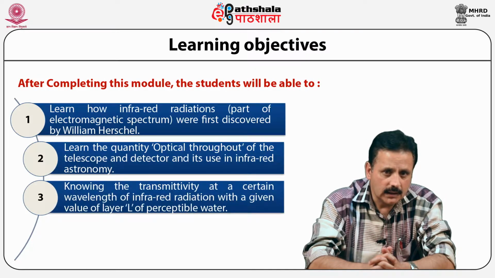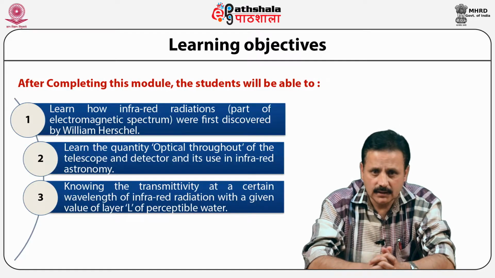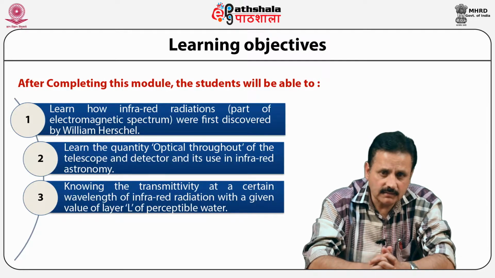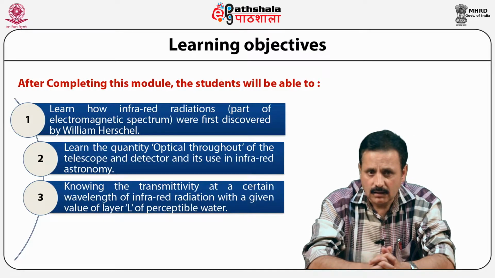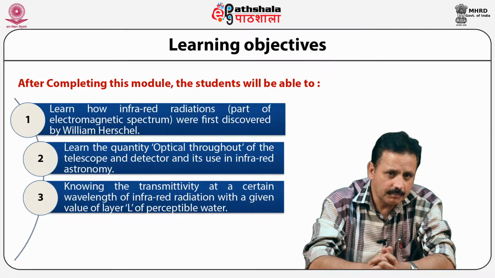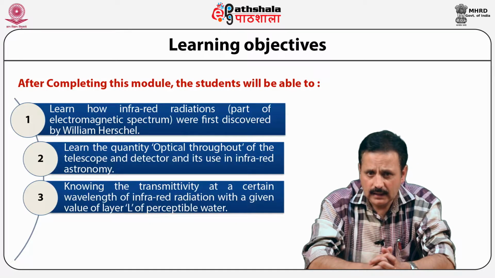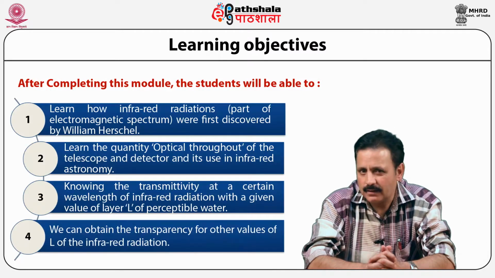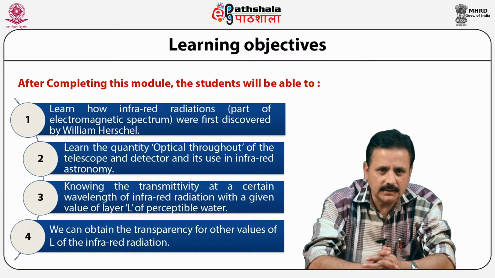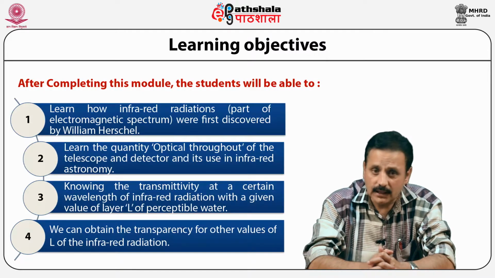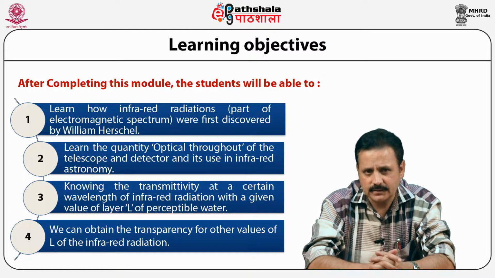Knowing the transmittivity at a certain wavelength of infrared radiation with a given value of the layer, denoted L, of the perceptible water, we can obtain the transparency for other values of L of the infrared radiations.